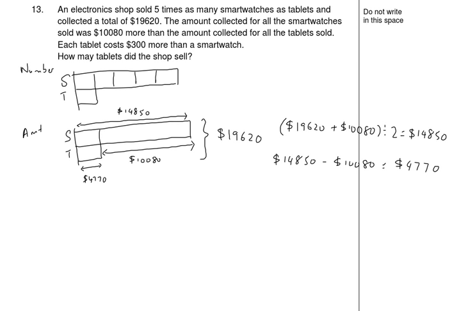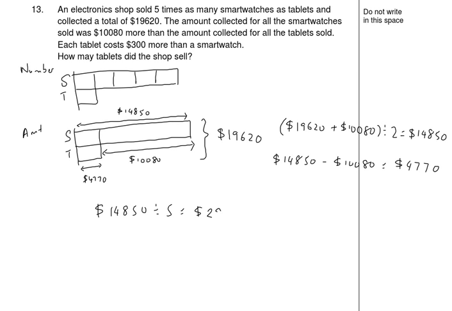So next step, we know that each tablet costs $300 more than a smartwatch. In order to compare fairly, I told you we need to compare 1 unit of smartwatch with 1 unit of tablet. Am I right? So what's the cost of 1 unit of smartwatches? I need to divide by 5, right? Equals to 2,970.